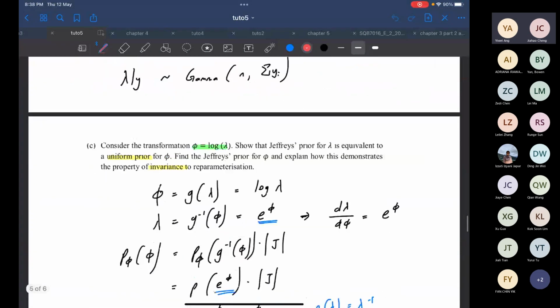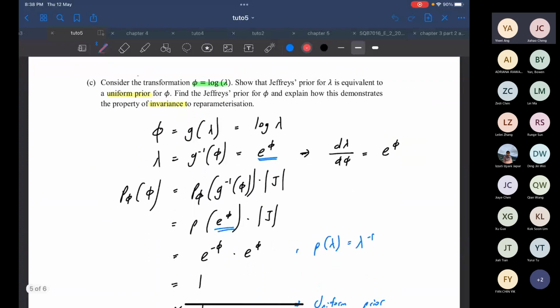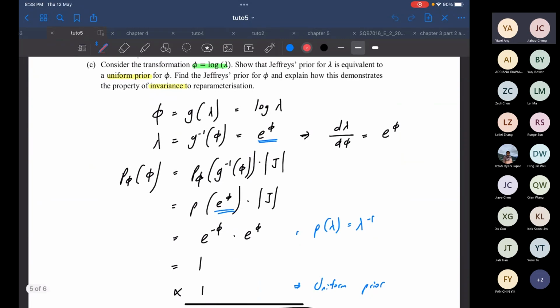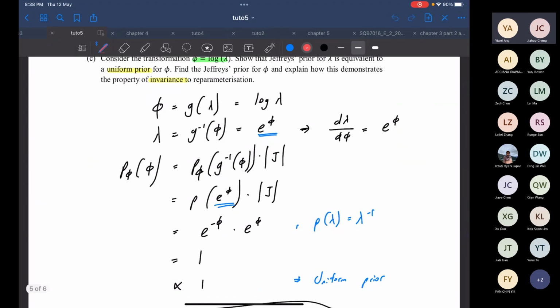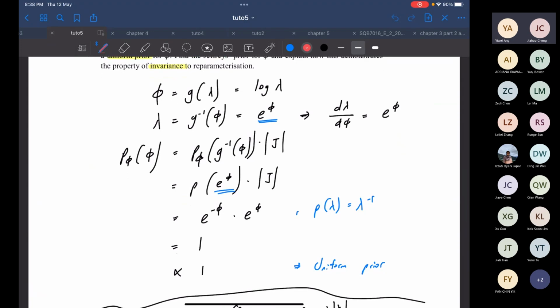Move on to C, we want to do a transformation of the prior lambda in terms of phi, and show it is a uniform prior for phi. So firstly, we compute the inverse g function in terms of phi. So we get lambda equal to exponential phi, and we compute the first derivative.